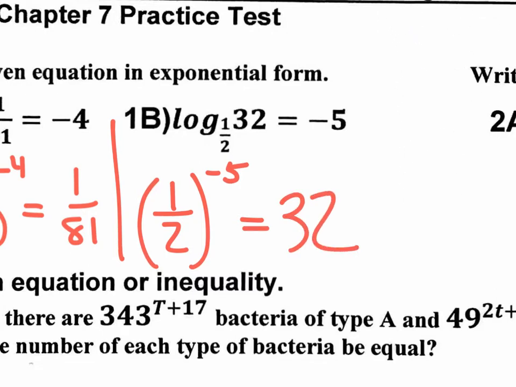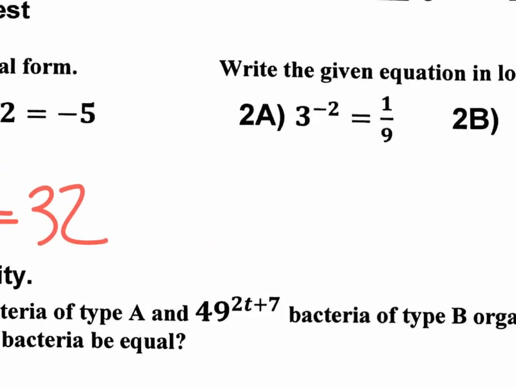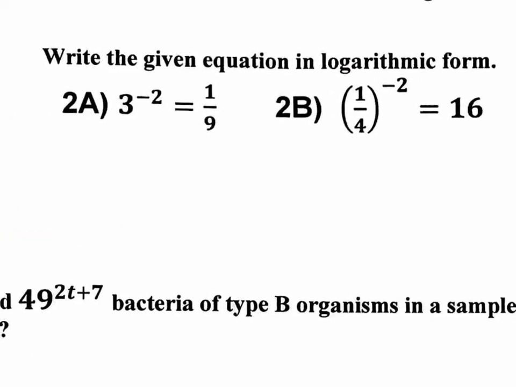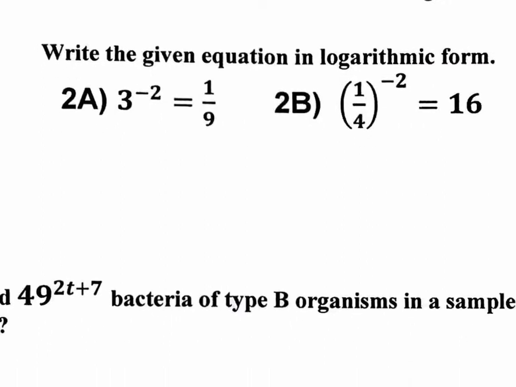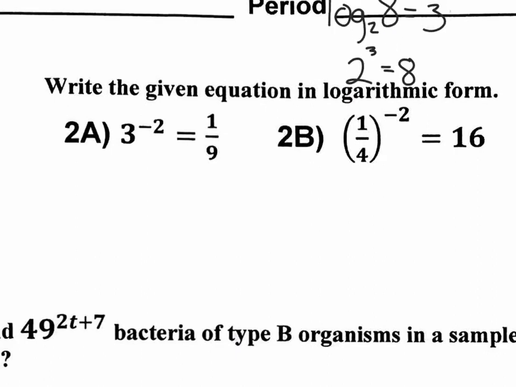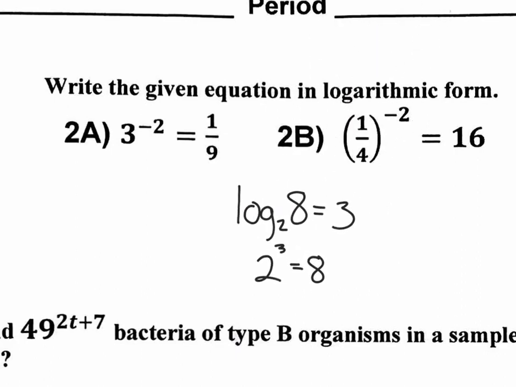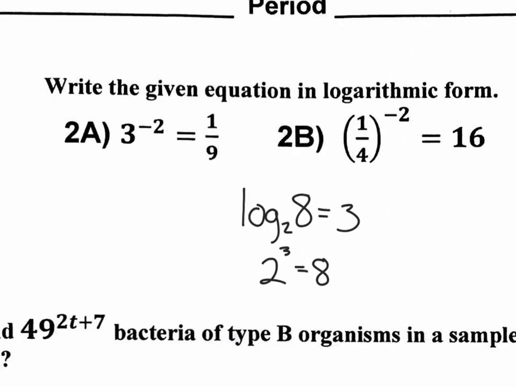So let's take a look at 2a and 2b. These are in exponential form, and you want them in logarithmic form. So if we once again look at this most basic logarithmic expression that we know, log base 2 of 8 equals 3, in exponential form, it's like going from here back to this.